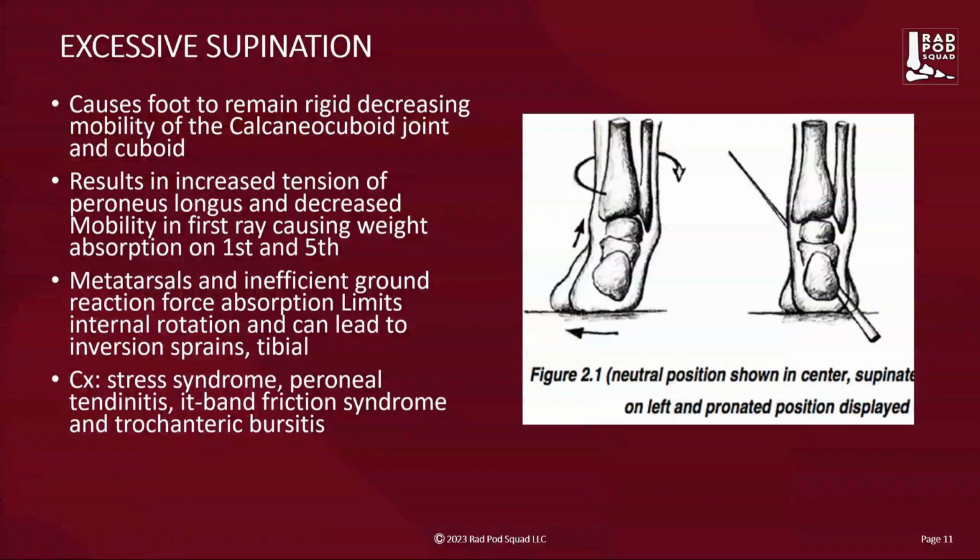So these metatarsals and their inefficient ground reactive force absorption limits internal rotation and can lead to a series of sprains and repeated tibial considerations. We get complications such as stress syndromes along the fifth ray, peroneal tendinitis, and even all the way up the chain to iliotibial band friction syndrome and trochanteric bursitis.